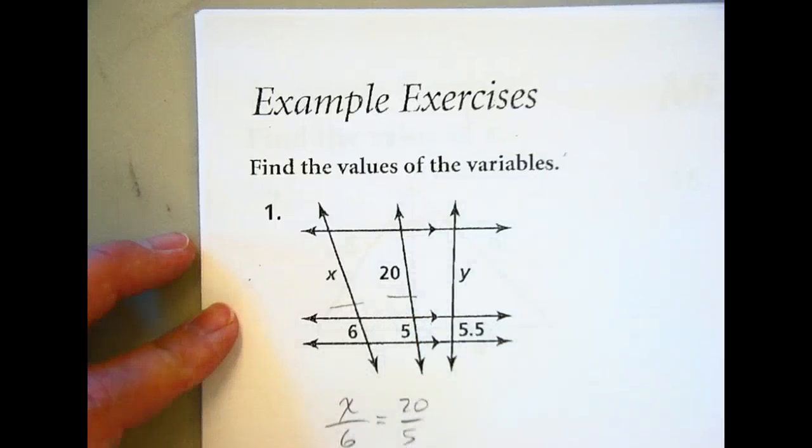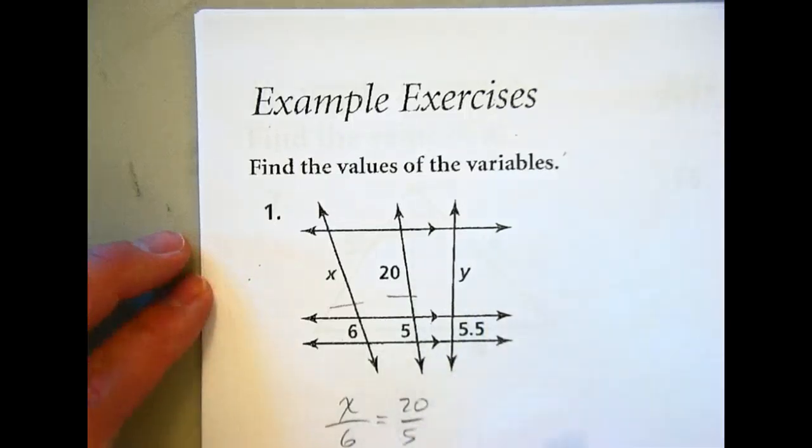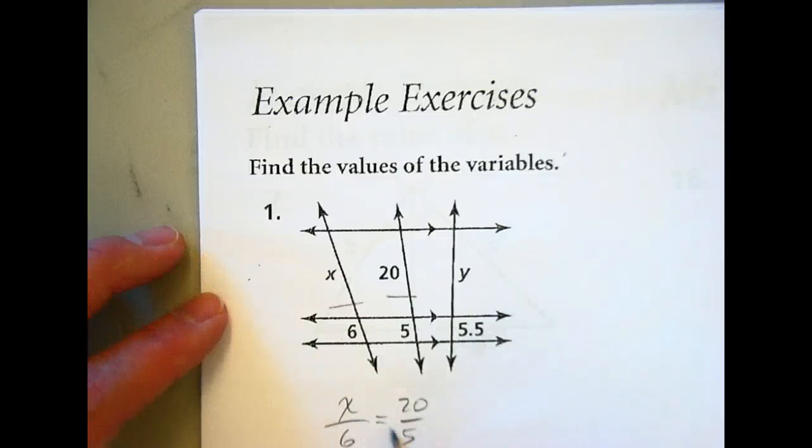That's one proportion. We could actually say equals y over 5.5 right now, but if we're trying to solve for x, that doesn't help much, right? Cross multiply, 5x equals 120. X equals 120 over 5, also known as 24.